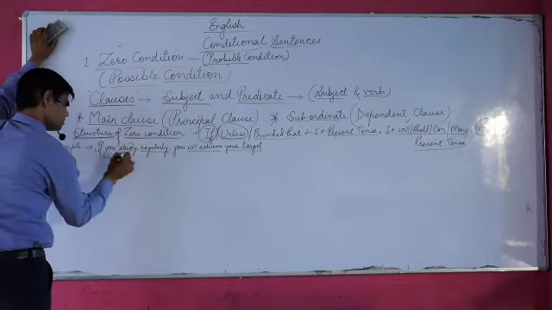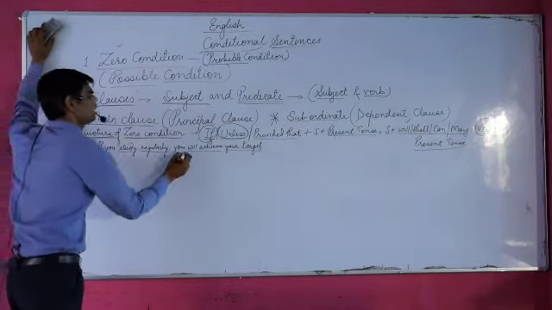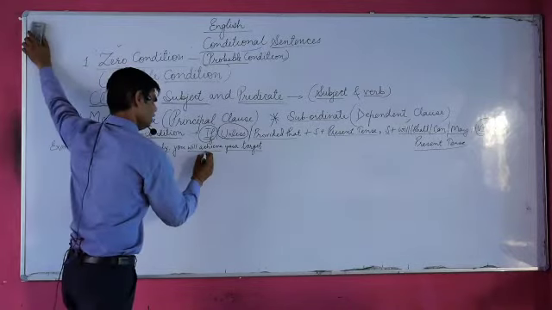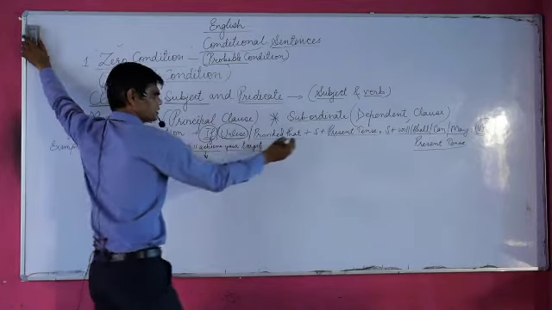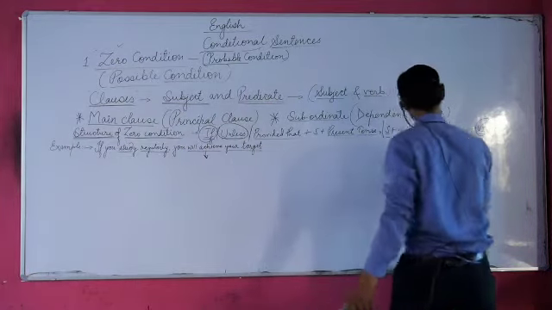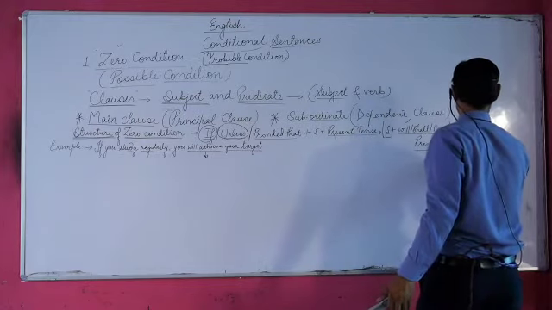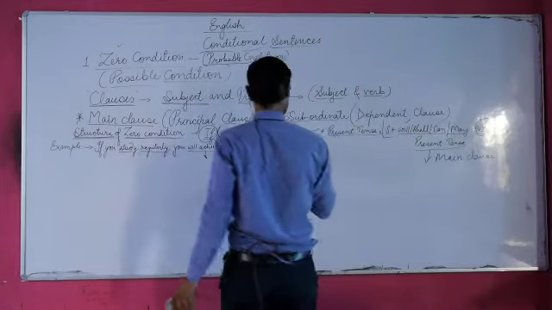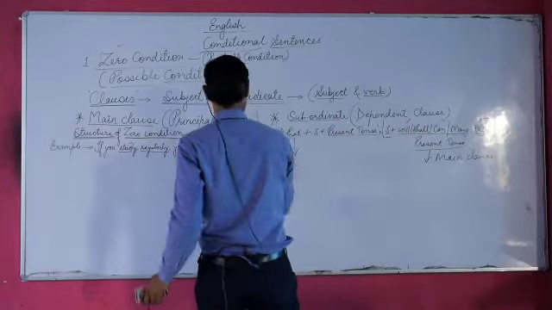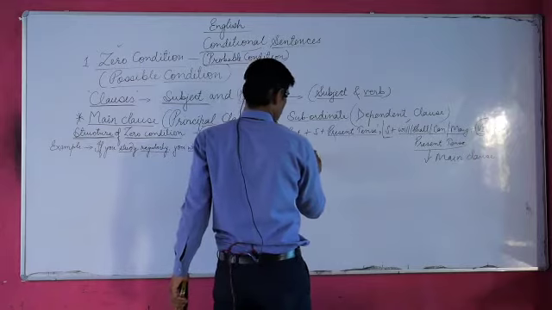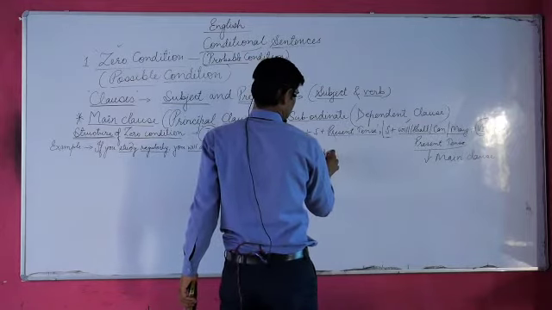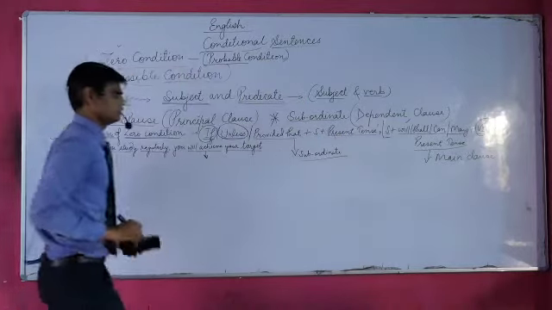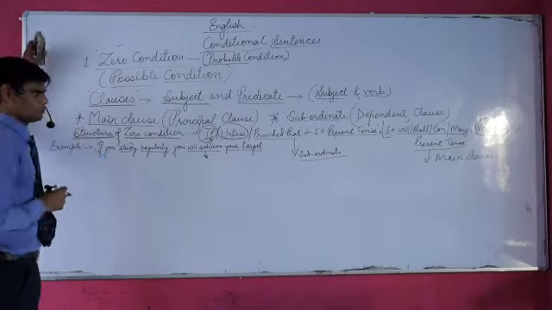Here we have present tense, and look at the sentence. In such a sentence, this part is the main clause or principal clause, and this part is the subordinate clause.